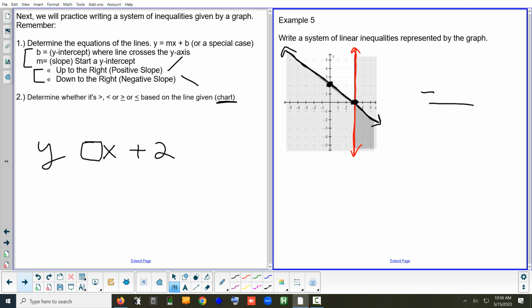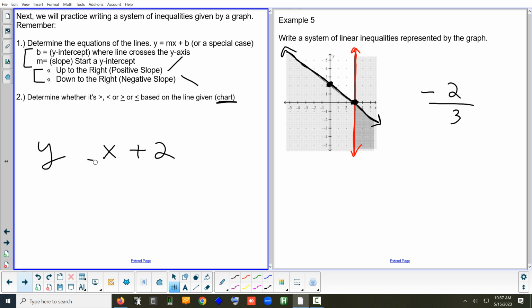How many do you go down? 1, 2, 3. Down here? 2. So down 2. And then right, how many? Yeah. There's your slope. Down 2, right 3. You just count. So put that number in front of x.